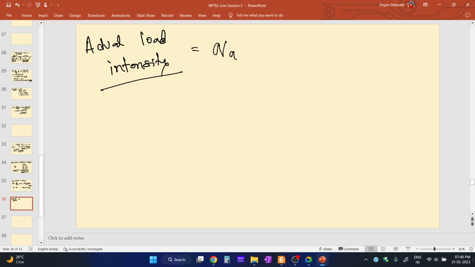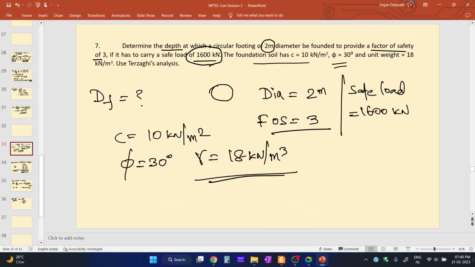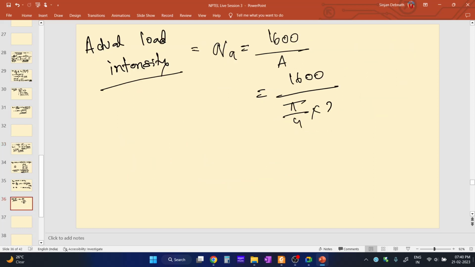So qa is equal to 1600 by area of the circular footing. So 1600 divided by pi by 4 into D square. What is the diameter? The diameter is 2 meter. So pi by 4 into 2 square.